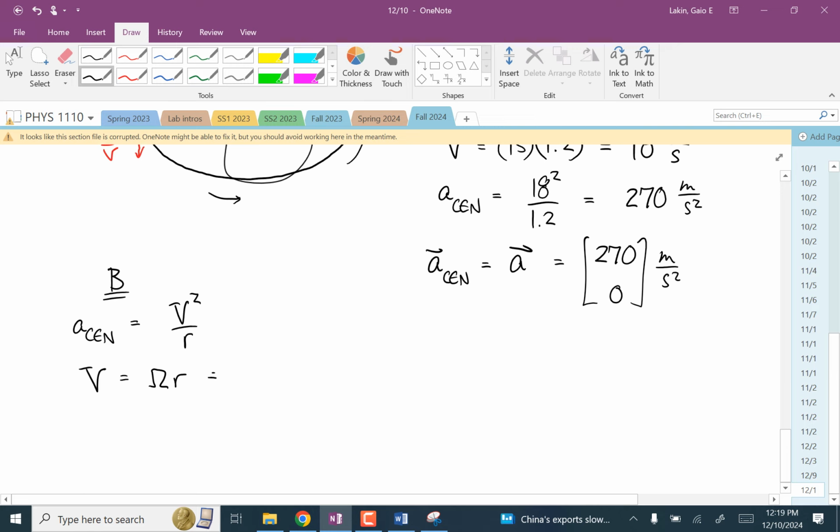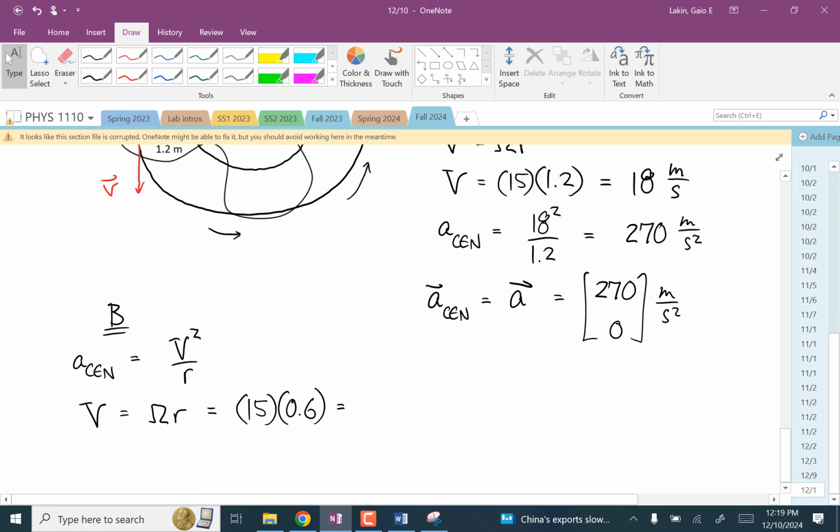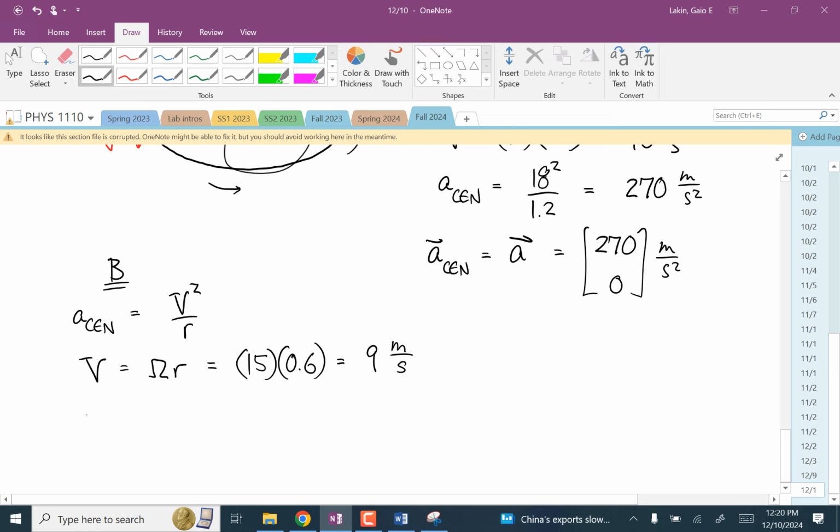Omega was 15, r is 0.6, and so the speed is 9 meters per second. So the magnitude of the centripetal acceleration is 9 squared over 0.6. So 135 meters per second squared.